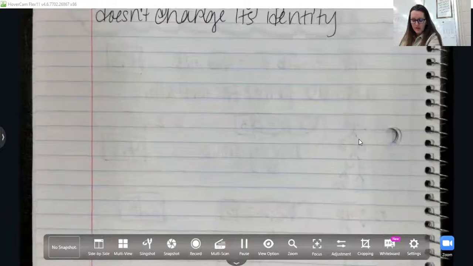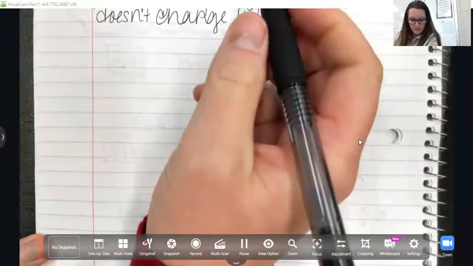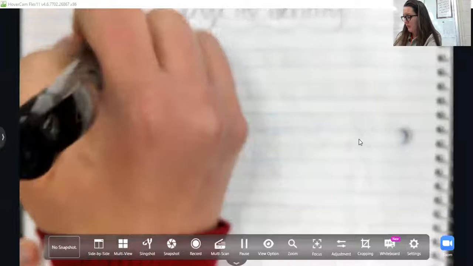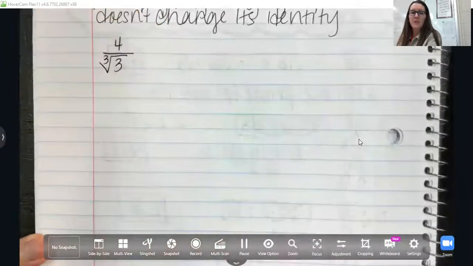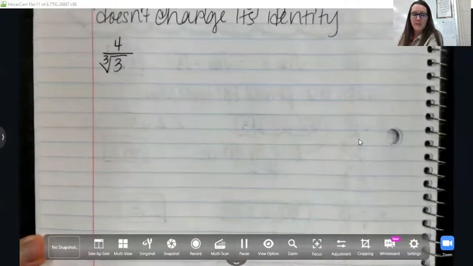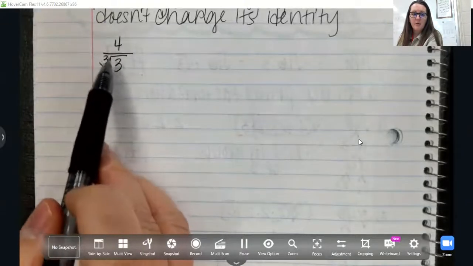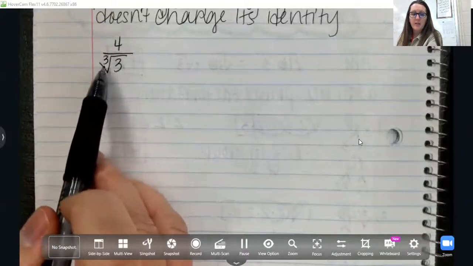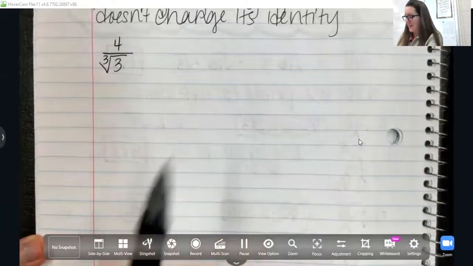So let's try an example with a cubed root. We have 4 divided by the cubed root of 3. So I'm going to rationalize this, except remember here, I'm looking for a group of 3, right? So I need 3 3's in order to take it out of the radical.